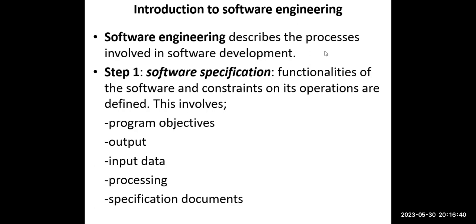So all these things are part of the specification. For example, the output will be the person should see something like, please enter your name. Then there will be a space where the person will then enter the name. So that place where the person saw on the screen that please enter your name is the output data.